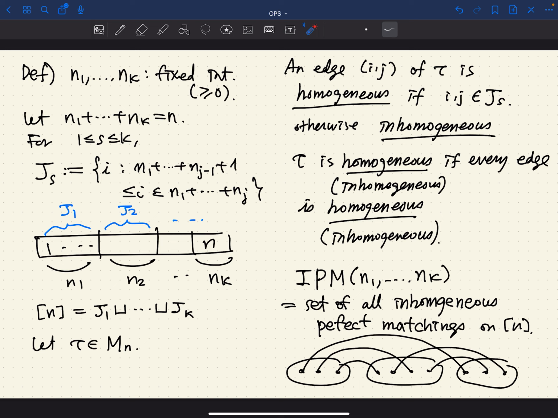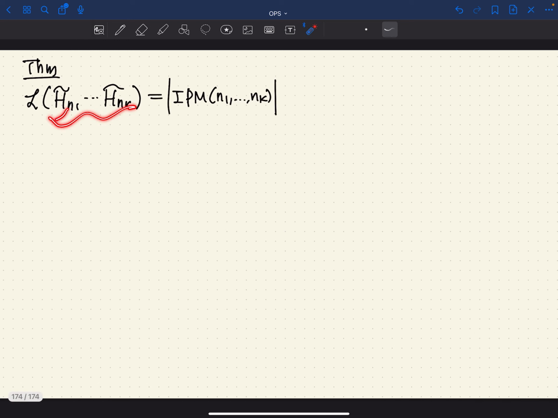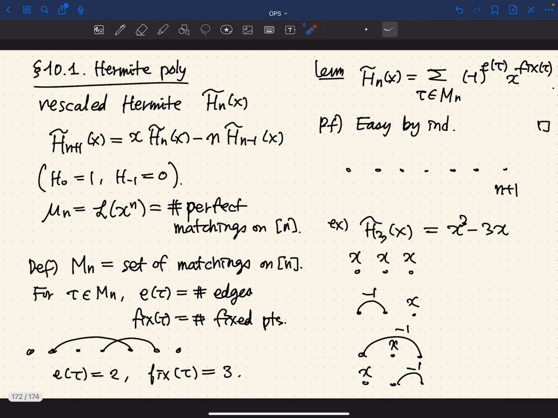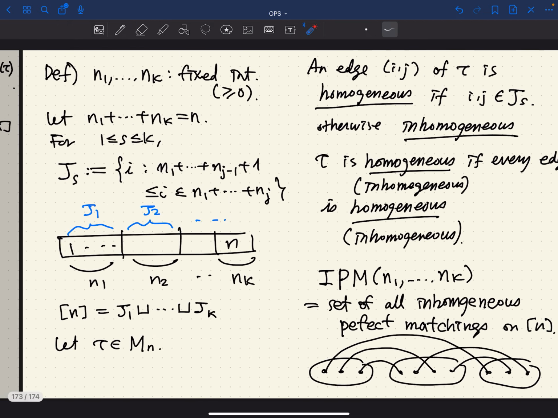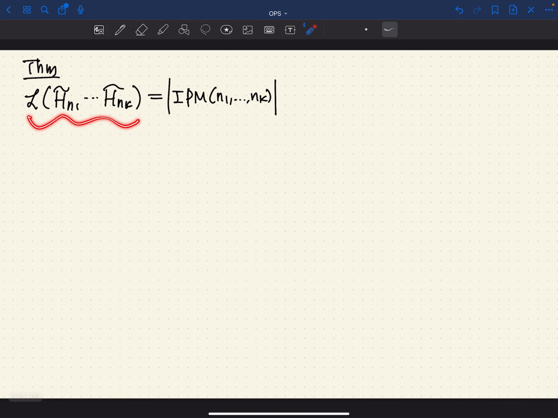So in particular, it is a positive integer, or non-negative integer at least, which is not clear from this definition, because there are some minus signs. For instance, they have minus signs here. So it's not clear at all why this is true. But the thing is, it's always non-negative, and it really counts something like this.